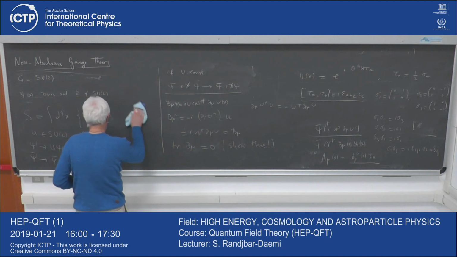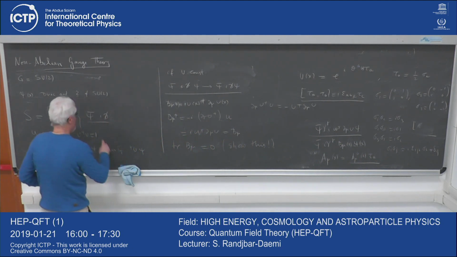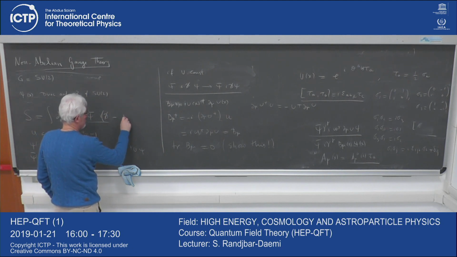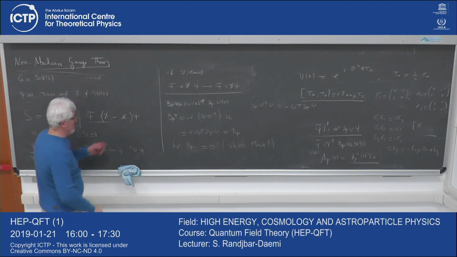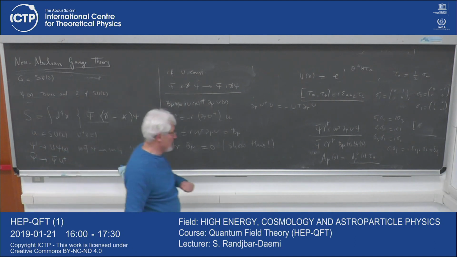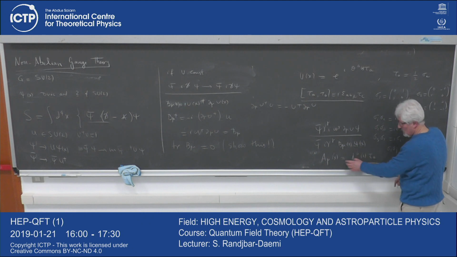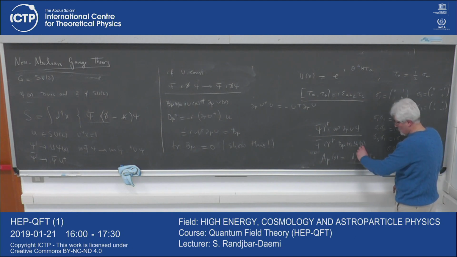Being guided by QED, we are going to write it like this: A slash. With this A slash, we are going to understand this structure. So the A slash is a 2 by 2 matrix, which is a sum of 3 terms, each term with a coefficient which is a real 4 vector.